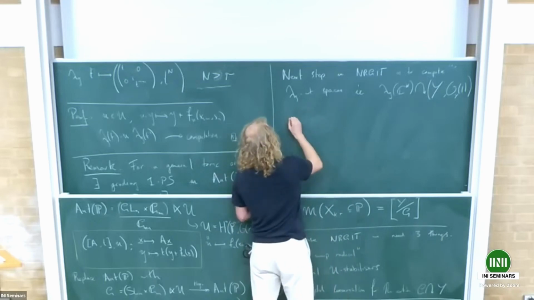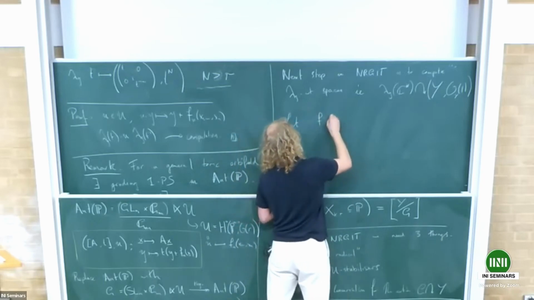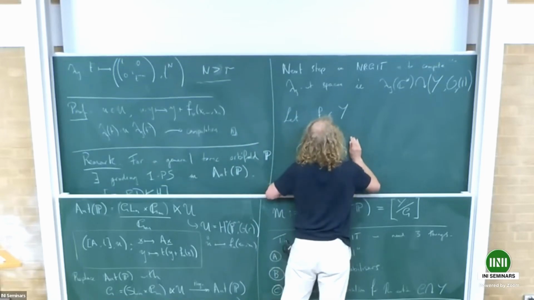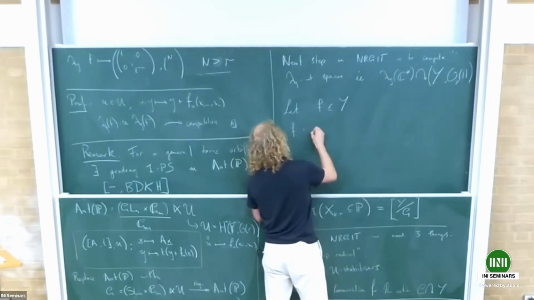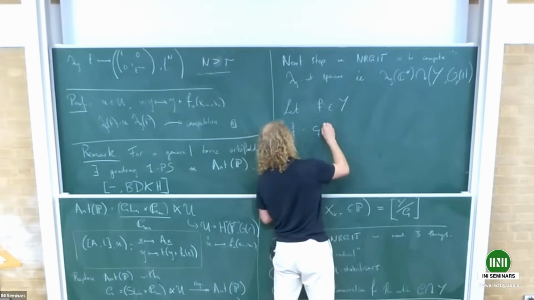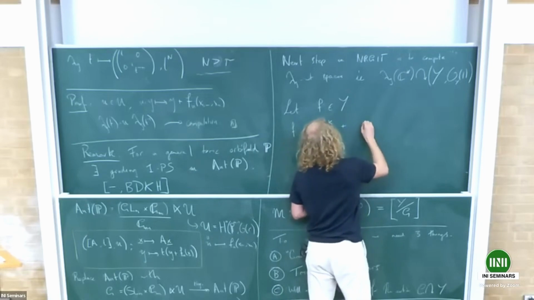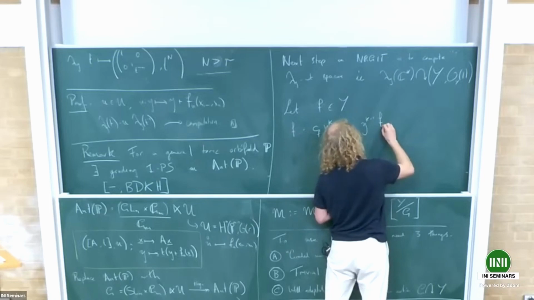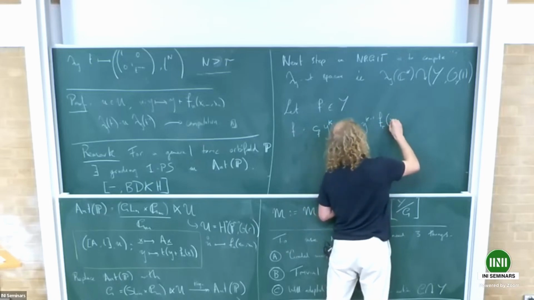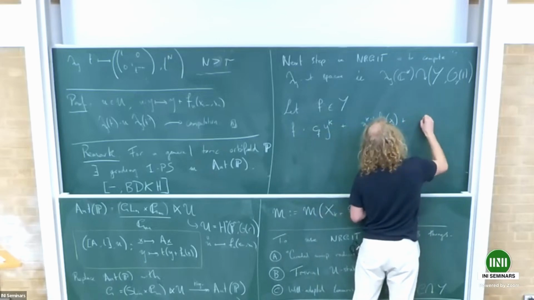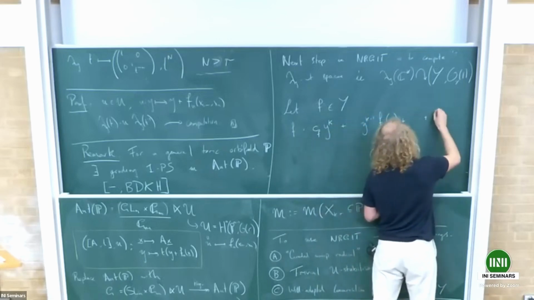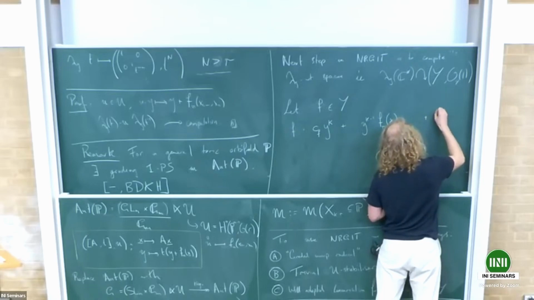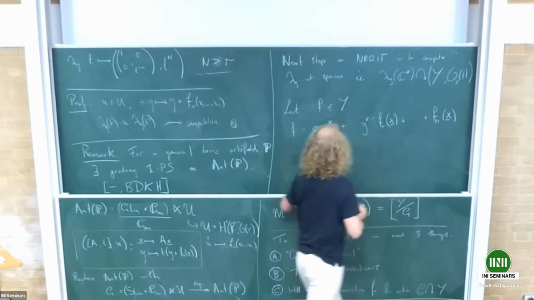We take a general F inside Y. It has the form: some coefficient times Y, where Y has weight r, so we raise it to the power of K, plus Y to the K minus 1 times F_r in the X's, plus all the way up to F_{K r}.